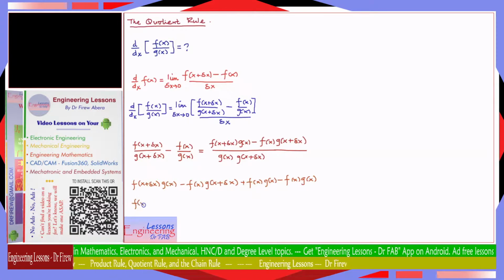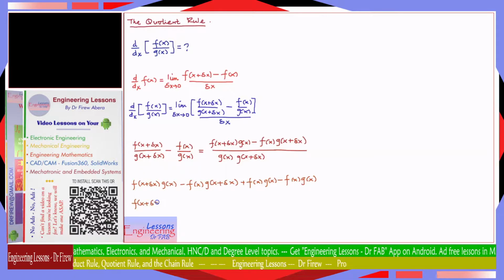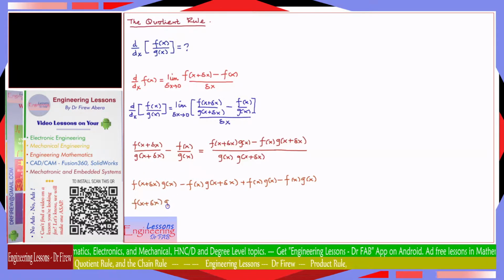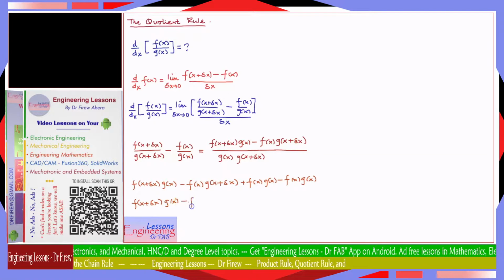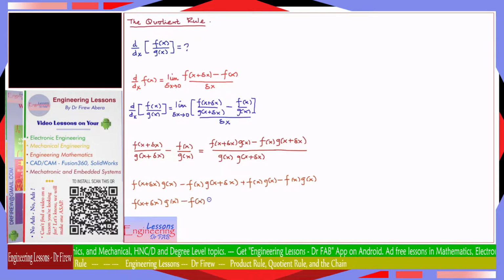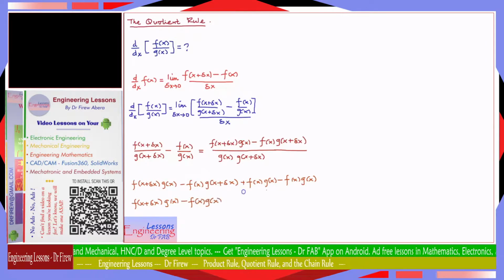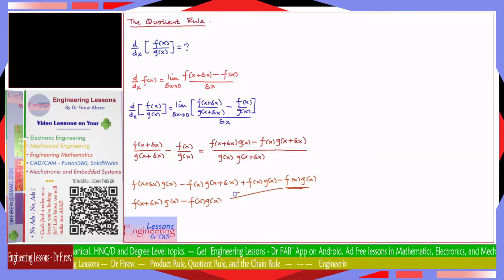So then if I now bring f of x plus delta x times g of x, now minus f of x times g of x, that is the expression that I brought forward here.